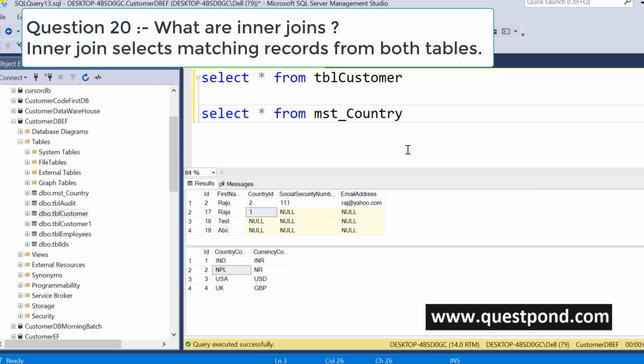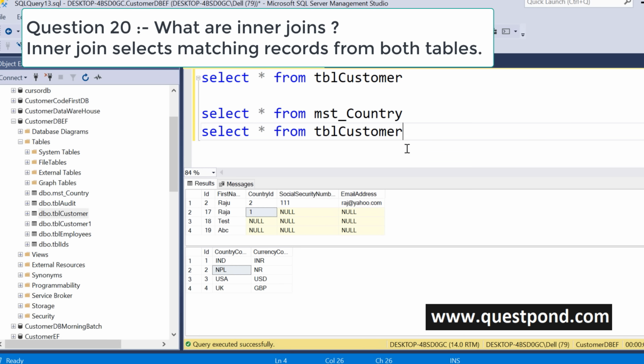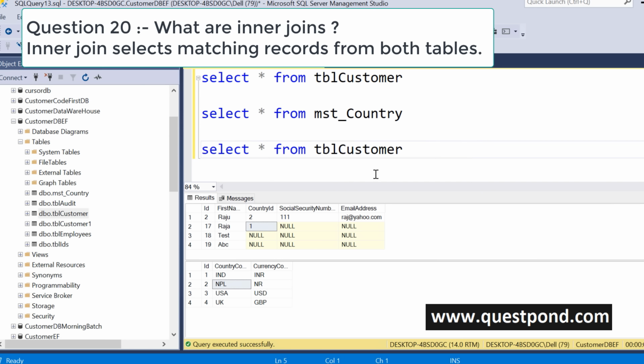So if you want to select matching records, then we will say here select star from TBL customer. Now look at this, you can see how I am hands-on in SQL writing. So here you need to be a little bit careful that you don't make silly mistakes, right?